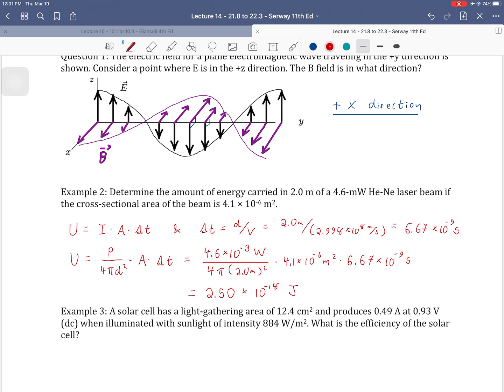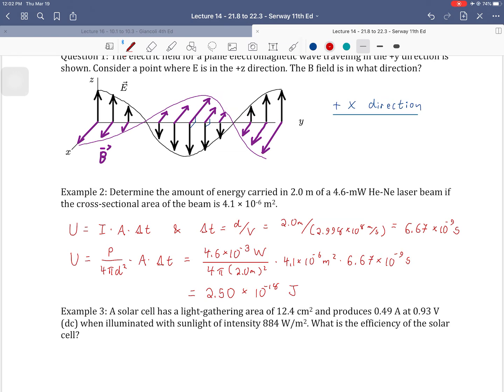Kind of makes sense. The only thing I'm checking here is making sure that the idea of multiplying by the time it takes to cover the 2 meters makes sense, because certainly the 2 meters shows up when we're thinking about determine the amount of energy carried.